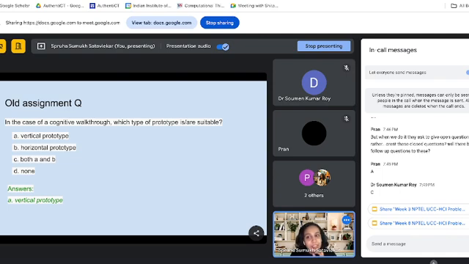Why not C? Because in a horizontal prototype, basically you are not trying to do the vertical entire task flow. In a horizontal prototype, you can just show the main first layout and populate the entire layout properly. So you focus more on the initial, all the options instead of giving the vertical prototype in which you don't populate all the options.